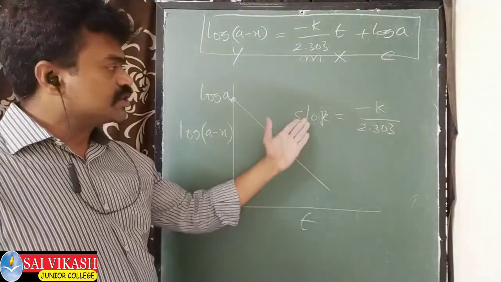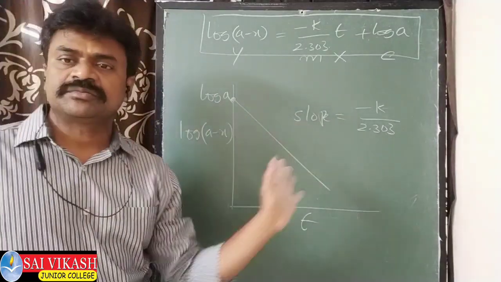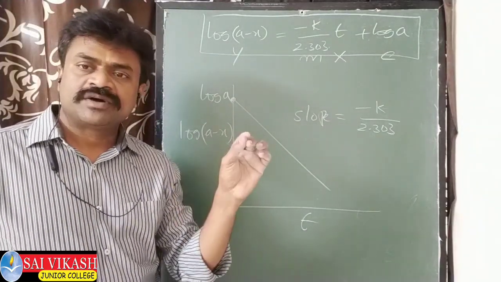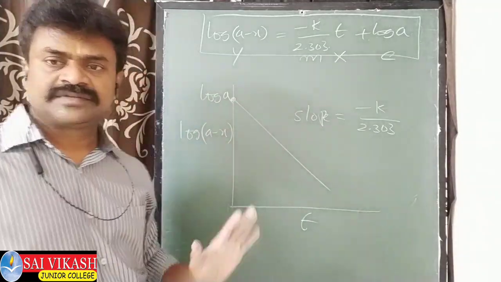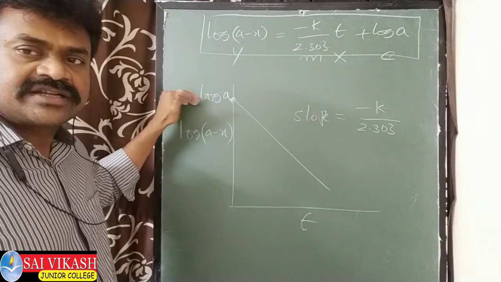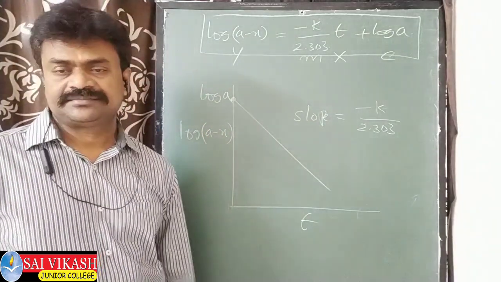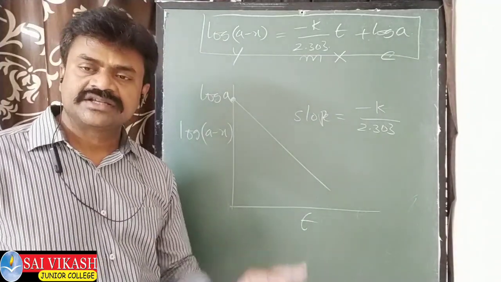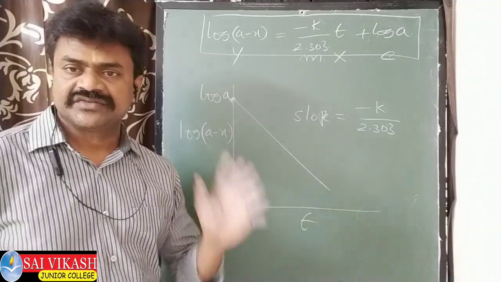Graph is same, slope is minus k. If you remove the 2.303, log becomes ln. Graphs are same, slopes change, intercepts change. That's it. So these are the graphs for the first order integrated rate equations.